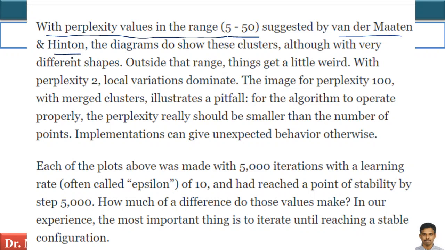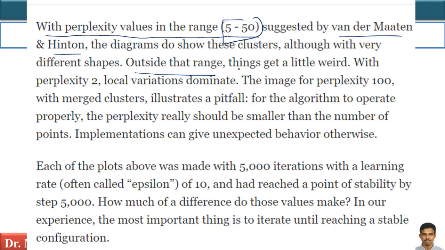These are the people who introduced this t-SNE technique. The diagrams do show these clusters, although with very different shapes. I will explain these things.